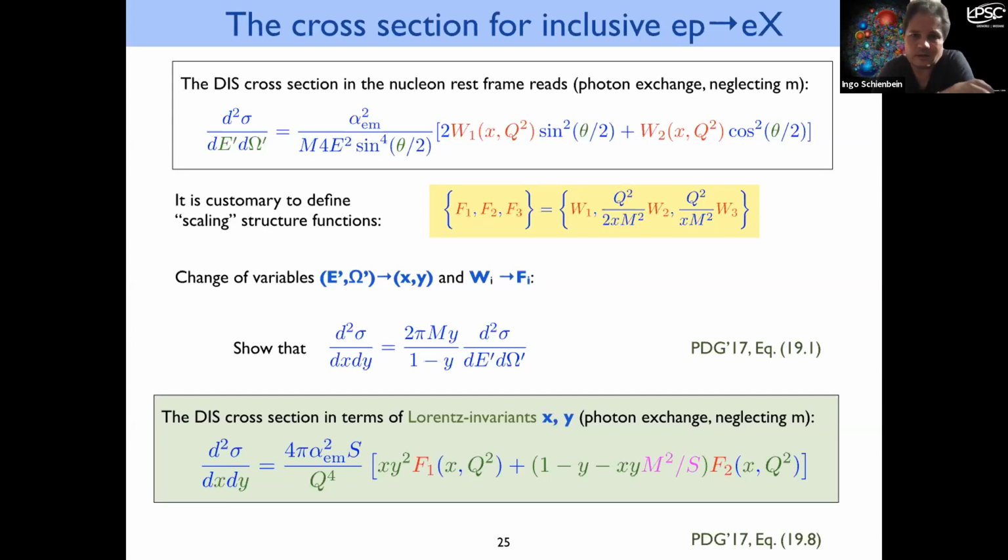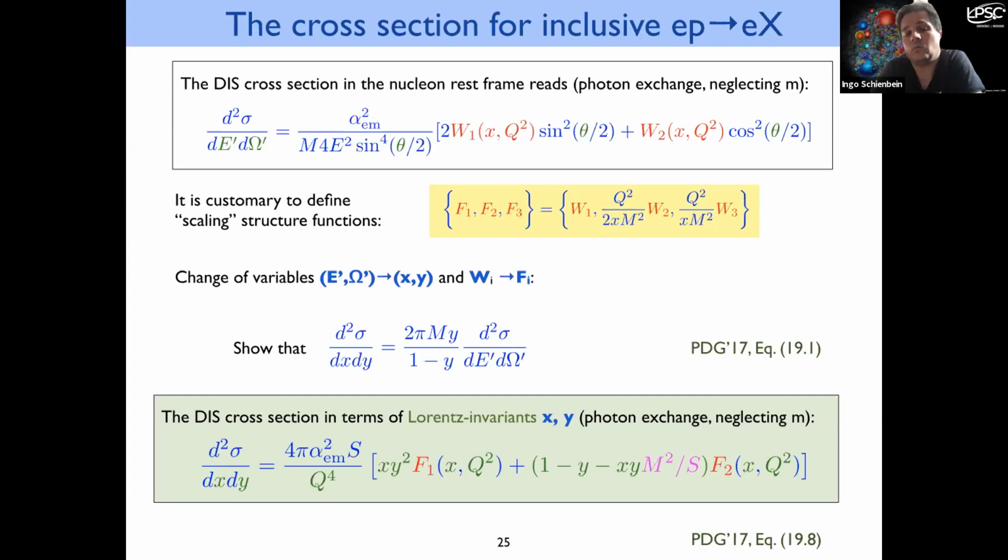So they are scaling, as I will discuss later. Then one can change variables from the energy and the solid angle of the outgoing electron to x and y, replace the W's by the F's, and write down the cross section d sigma/dx dy.